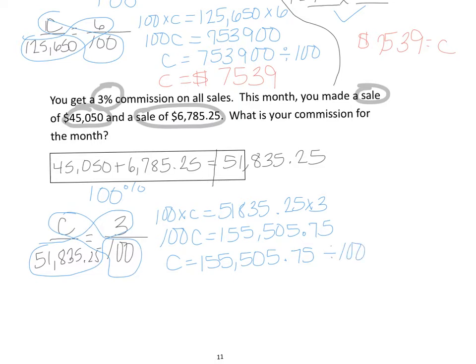And we find out that the commission for this month is going to be, we get 1,555.0575, but we're going to have to round because we know that that doesn't make any sense in terms of money.